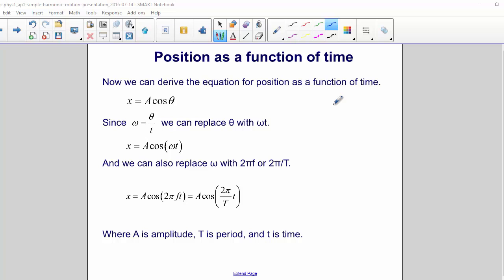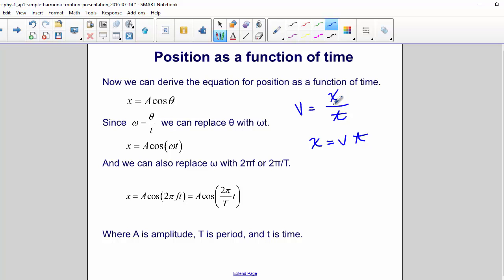So we'll start with x equals A cosine theta. And since omega is theta over t, we can replace theta with omega times t. This is from rotational motion. Omega equals theta over t is similar to velocity equals x over t, and x is equal to v times t, so theta is equal to omega times t.